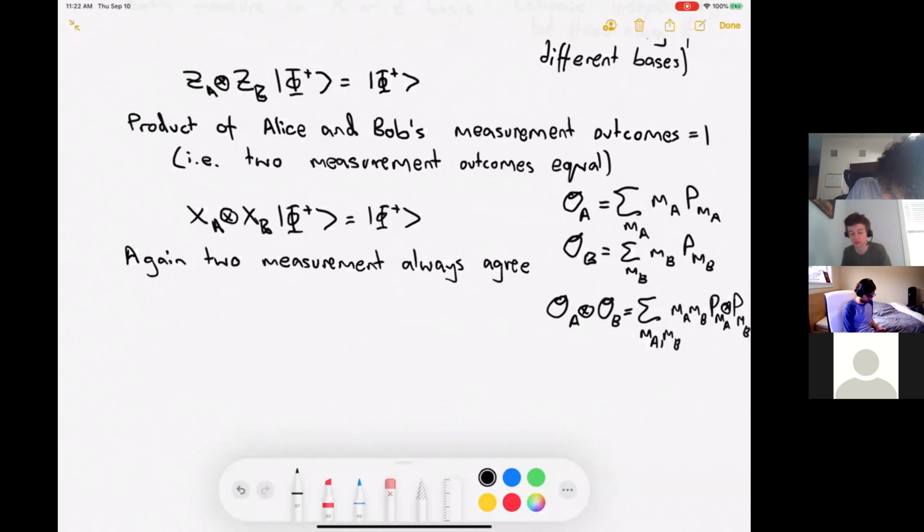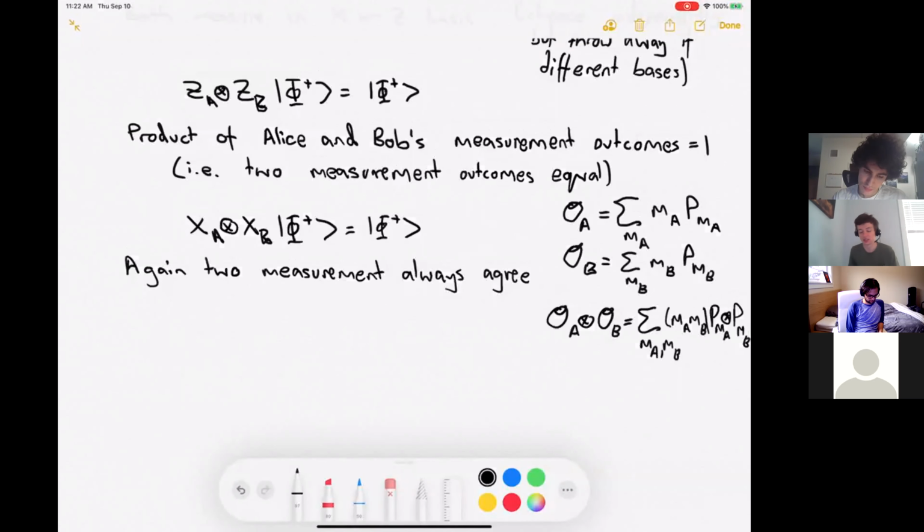This product of the two measurement operators is telling you that for each case where in the original measurements we would have got MA for Alice's measurement and MB for Bob's measurement, then in this product measurement operator we get the outcome MA times MB. This just comes from tensor producting the two operators together and using linearity to take these things out the front.